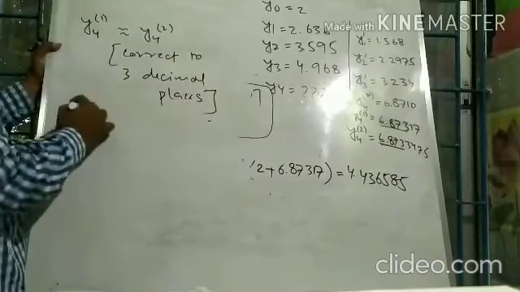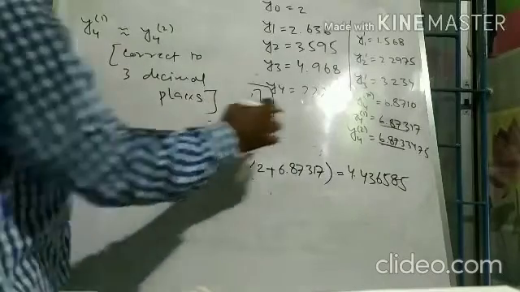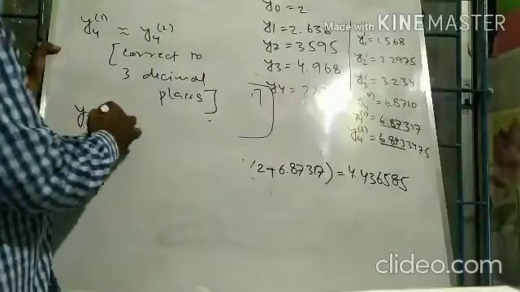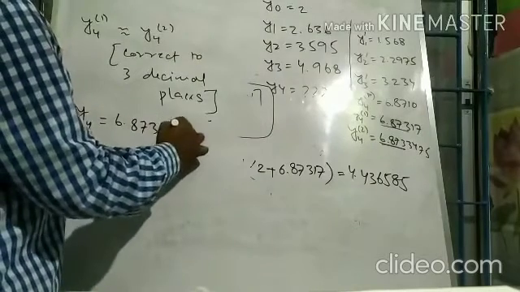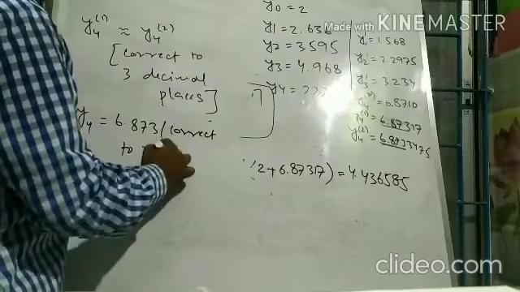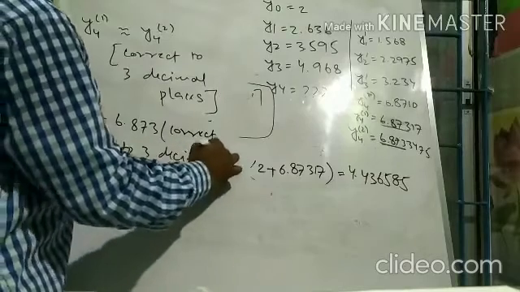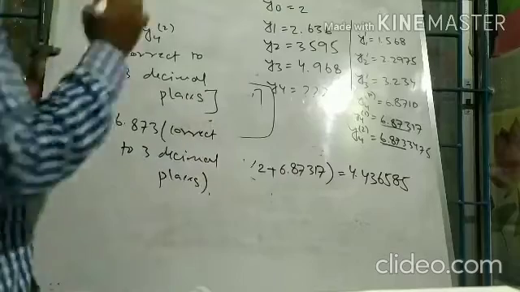So y4 is 6.873, correct to 3 decimal places.